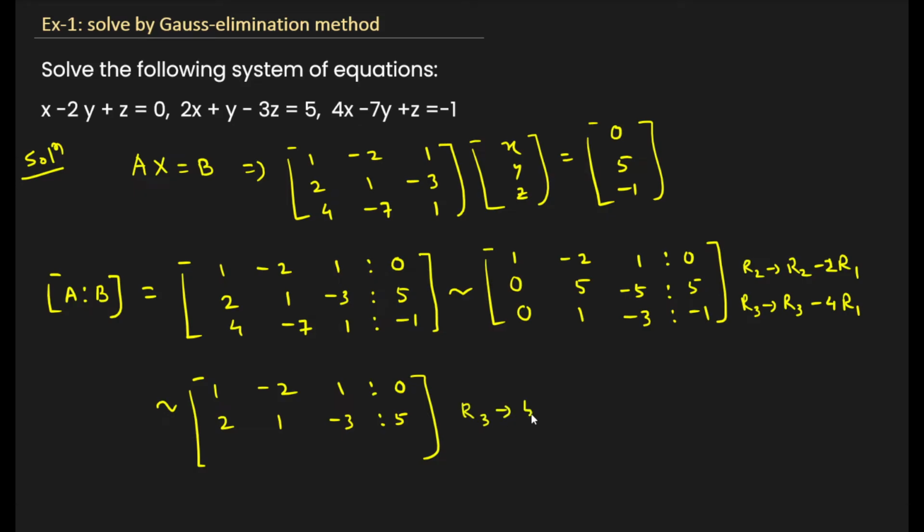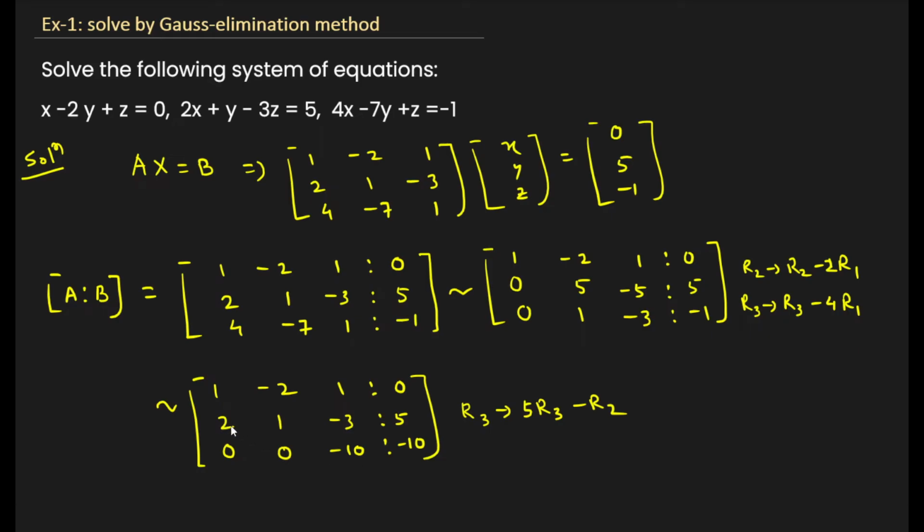So what will be the operation? R3 goes to 5R3 minus R2. Okay, so this element will become 0. Then this is 1 minus, this is also 0, and then this will be minus 3, then 5 minus 15, then plus 5 is minus 10, and last element is also 5 into minus 10.